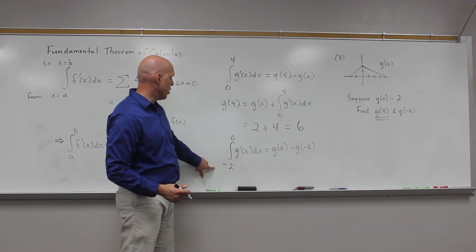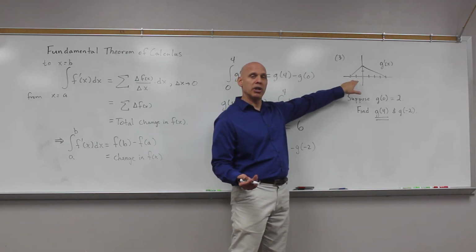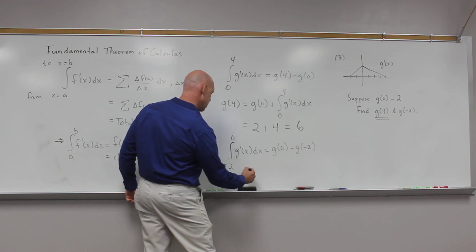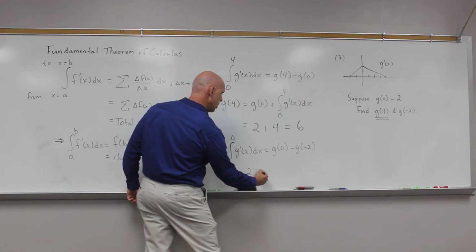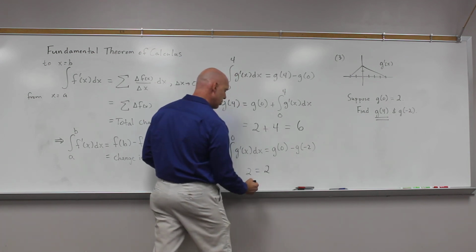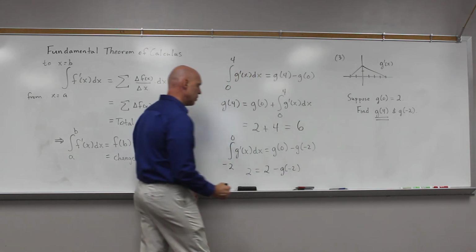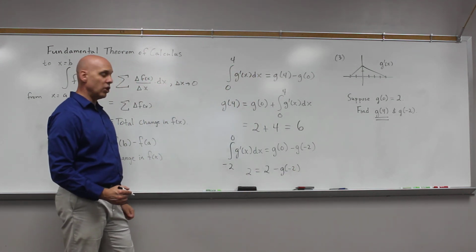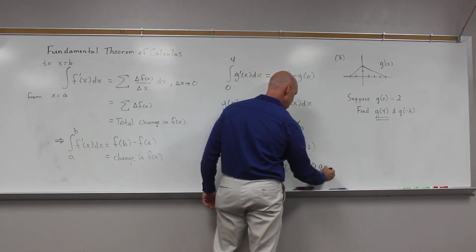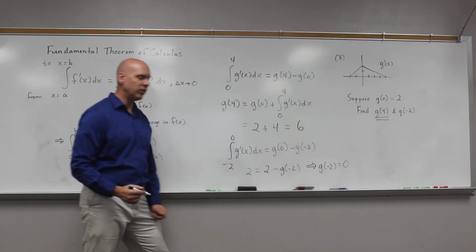I have the integral from -2 to 0. I'll use the area again. I got a triangle whose area is 2 this time. So I have 2 equals g of 0, which I'm doing a lot of 2's here. 2 minus g of -2. Notice if I solve this out, I'm just going to do it in my head though. I get g of -2 must equal 0.